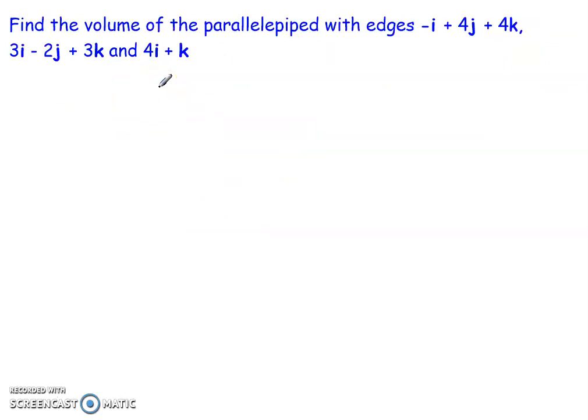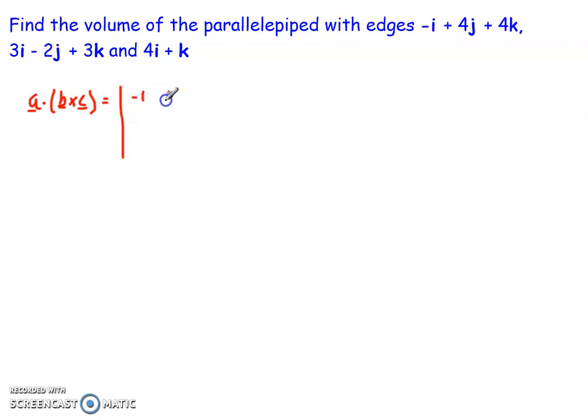Second question was finding the volume of the parallelepiped defined by these edges here. So again, this should just jump straight back to looking at the triple scalar product when you've got a three-dimensional parallelepiped with its edges defined by vectors in different planes. So straight away, jump to your A dot B cross C. Again, write it out as a matrix.